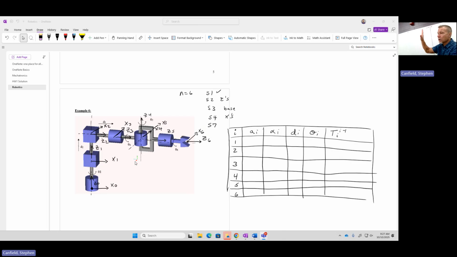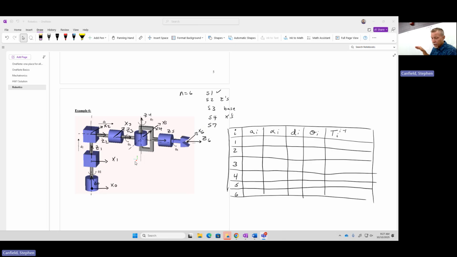So Z0 cross Z1 gives me X1. There's kind of 2 ways people do that. Sometimes they use the fingers: pointer finger is Z1, middle finger is Z2, and thumb is X. But I like curling. So I point along the direction of Z1, curl towards Z2.